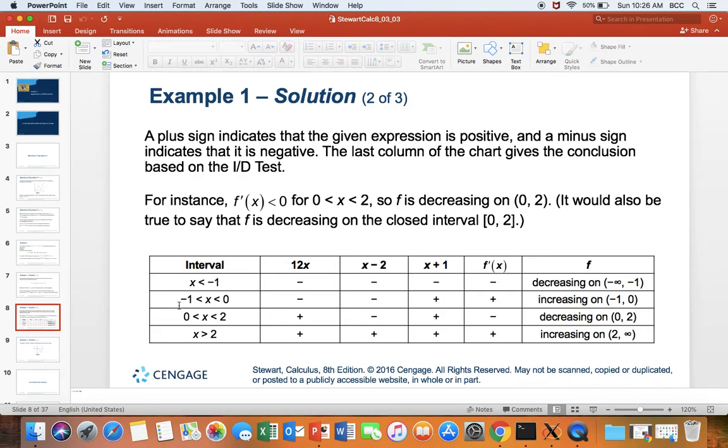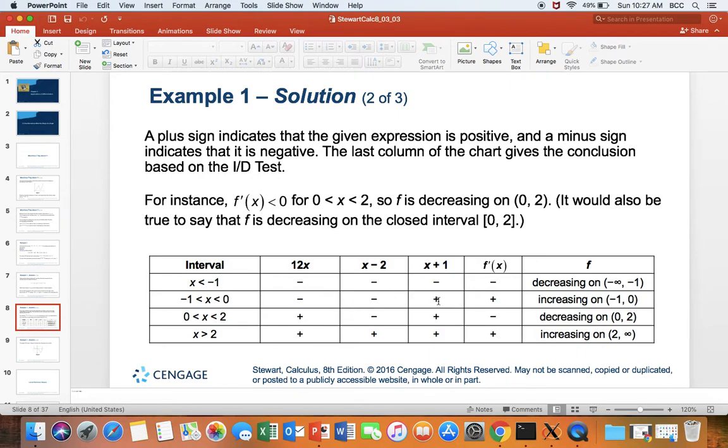Between negative 1 and 0, choose a number, say negative 0.5. 12 times negative is a negative. Negative 0.5 minus 2 is an even bigger negative. Negative 0.5 plus 1 is positive.